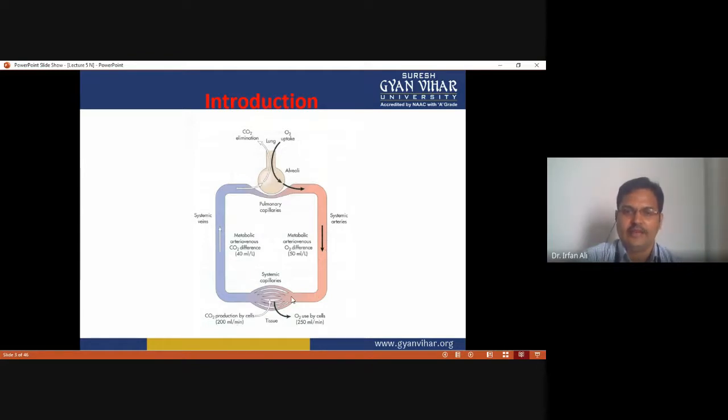Then from the tissues the carbon dioxide is released and oxygen consumed. This carbon dioxide enters the pulmonary circulation through the systemic veins, and from the pulmonary capillaries it is eliminated through the lungs or alveoli.